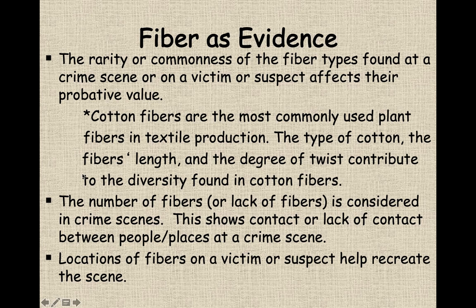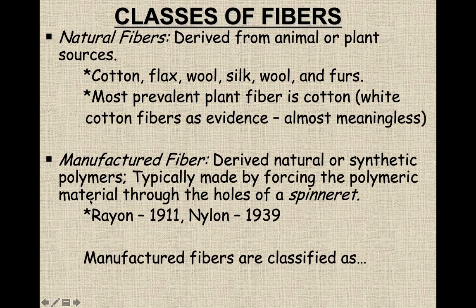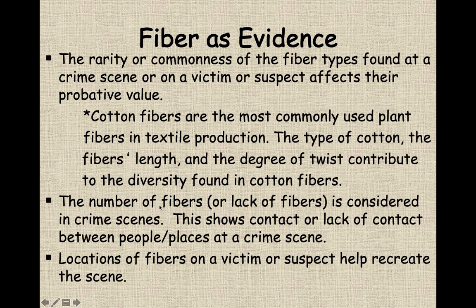Also, the number of fibers, or lack of fibers, we have to think about that. If you think about the Melissa Brennan case that you're watching the movie for, the fact that there were fibers in the suspect's car, yes, that's very important. Those were very specific fibers with very specific colors.